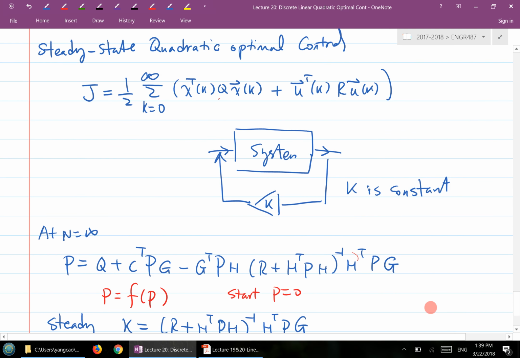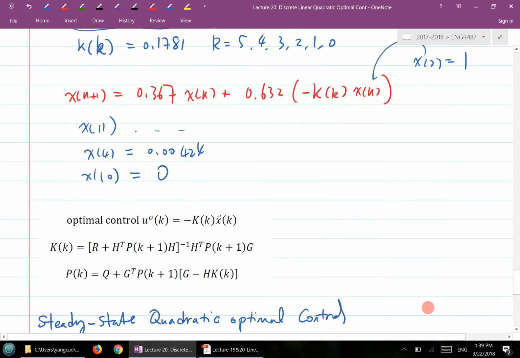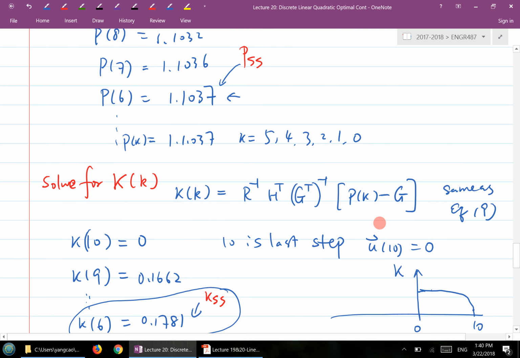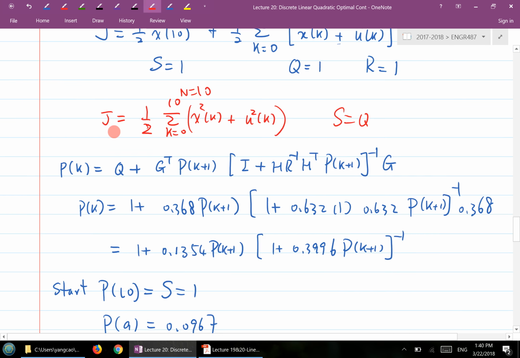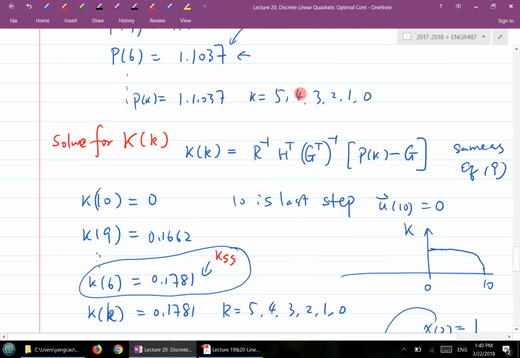Yeah, so this is not precisely optimal like this finite horizon problem. Within 10 steps I want to minimize this J here, and then you have to come up with precisely the P equal to this and the K equal to this to end up with a minimal value for the J function.